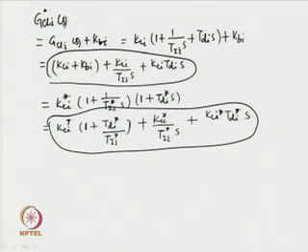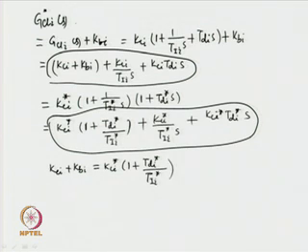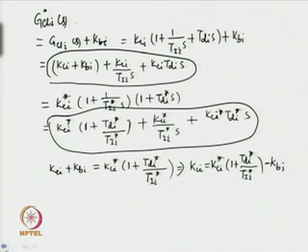Upon comparison, it is not difficult to get Kci plus Kbi is equal to Kci star times 1 plus Tdi star by Tii star, which again gives us the relation Kci is equal to Kci star times 1 plus Tdi star by Tii star minus Kbi. So, this is exactly what we have obtained earlier.